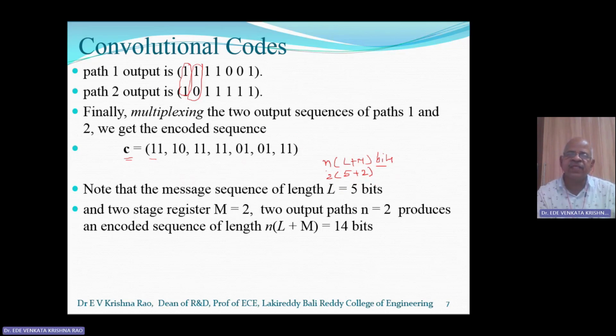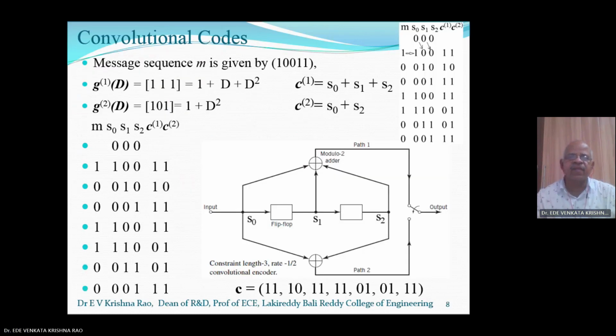If the message sequence is long, we can generate the code output accordingly. This is also another procedure to get the code output. C1, C2 can be generated by the combination of S0, S1, S2 according to g1 and g2.